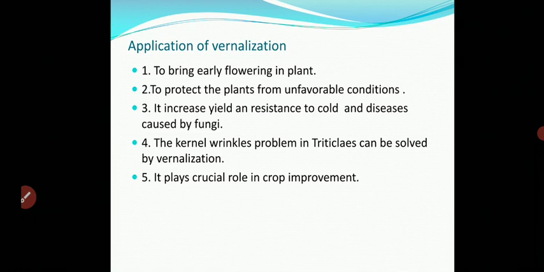The photoperiodic stimulus can be transmitted from one plant to another through grafting, but the vernalization stimulus cannot be passed from one plant to another through grafting, except in henbane. Lastly, the photoperiodic stimulus can be interrupted by a dark period, while the vernalization stimulus must be applied continuously. So, these are some differences between photoperiodism and vernalization. Here, we are done with our topic, physiology of flowering. Thank you.